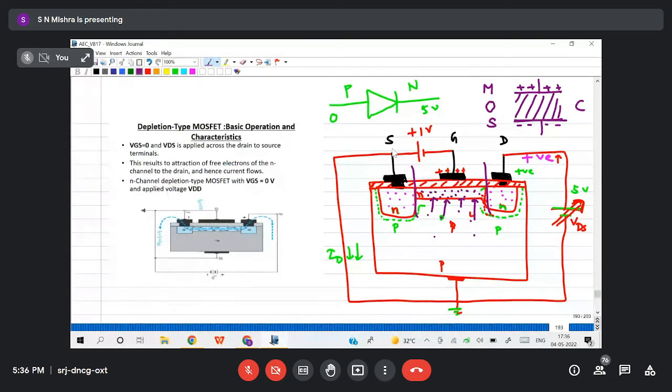Now in the channel, the number of carriers is increasing or decreasing due to positive voltage at the gate? When more electrons are coming from the substrate to the channel, the electron strength will increase or decrease?